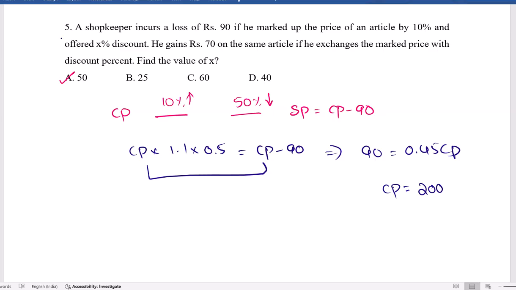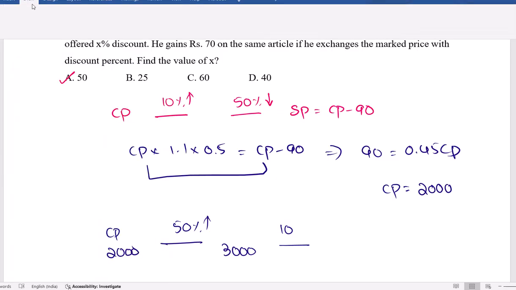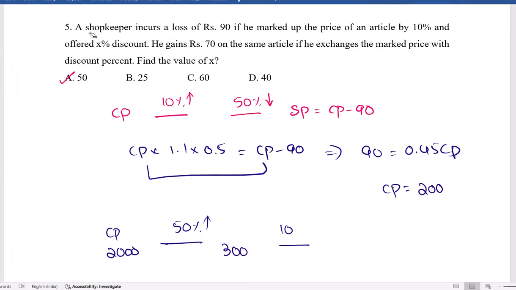Is it 200? Now take CP 200, do the second thing. You got 70 rupees profit, means this is the right option. I'm taking 50% increase now, and calculations, I think somewhere it's missing. 1.1 into 0.5 is 0.55, 1 minus 0.55 is 0.45, 90 divided by 0.45 is 200 only. 200, 50% increase, half of that, 100 increase, now 10% discount.